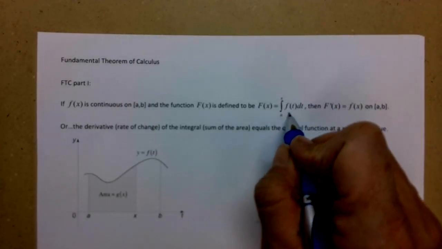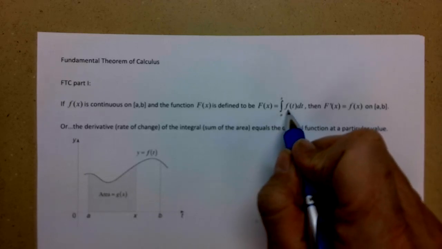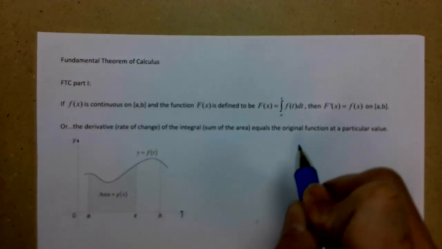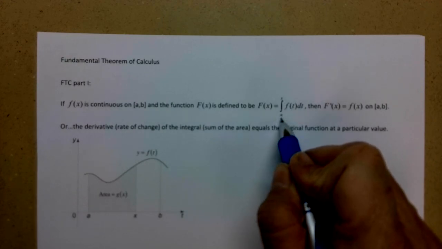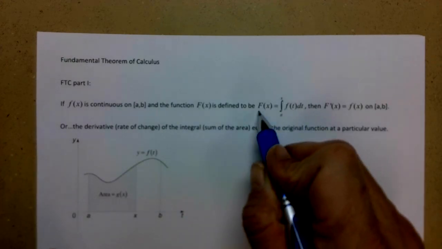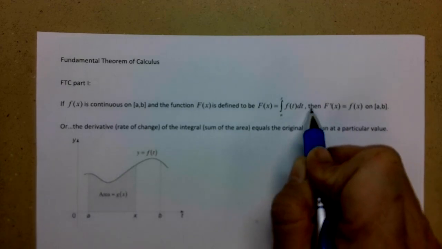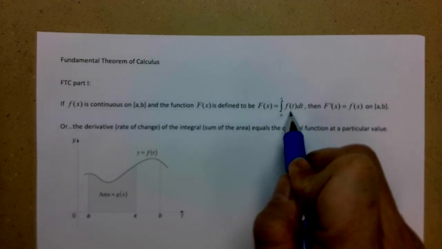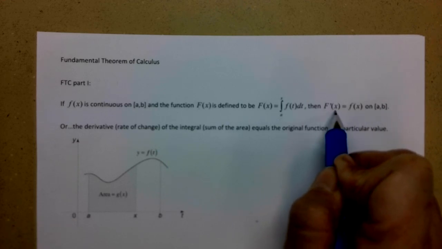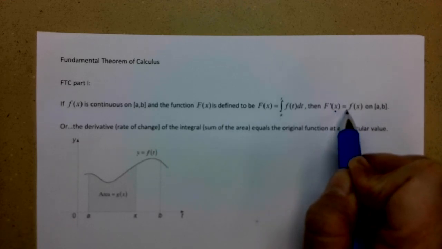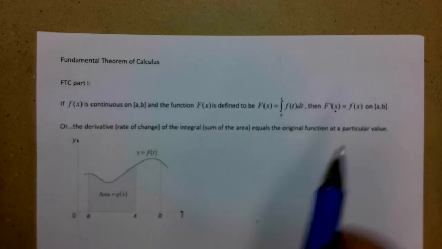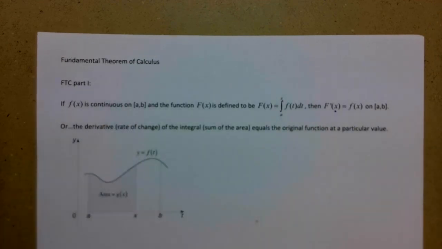Then we change our independent variable, so we have f of t dt, integrating from a fixed value up to x, and that generates this new function. Then the derivative of that integral, the derivative of capital F of x, is equal to little f, the inside function evaluated at x, on that chunk between a and b where little f was continuous.